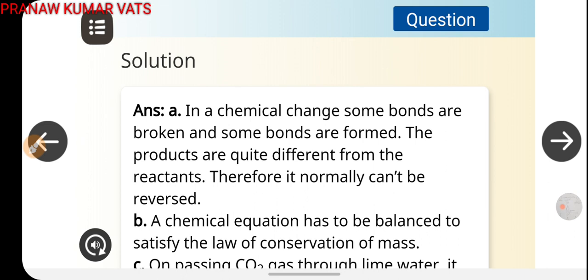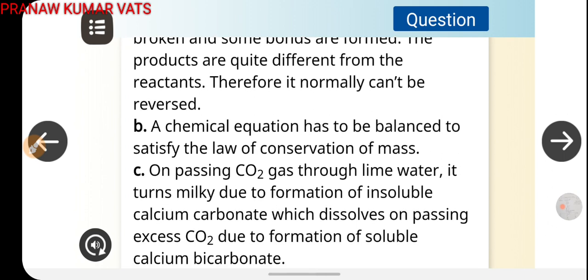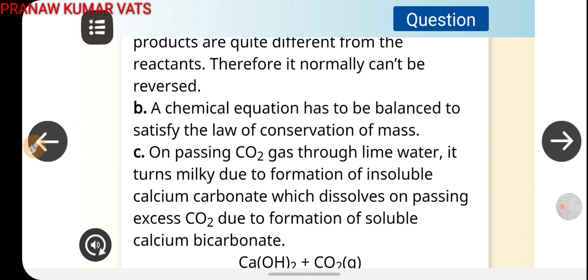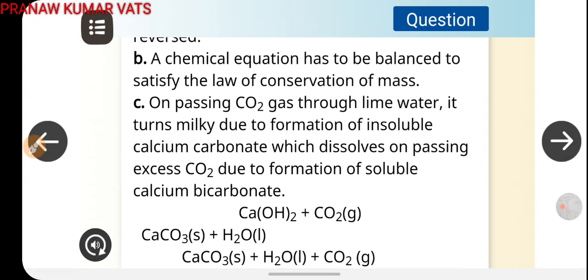Next, a chemical reaction has to be balanced to satisfy the law of conservation of mass. On passing CO2 gas through lime water, it turns milky due to formation of insoluble calcium carbonate, which dissolves on passing excess CO2 due to formation of soluble calcium bicarbonate.